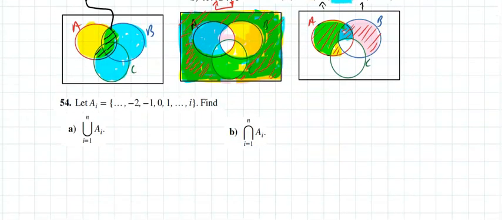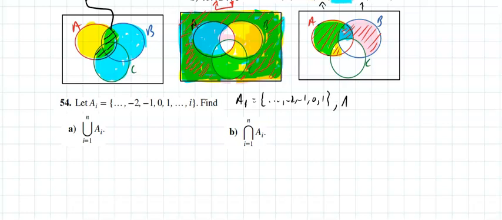And the last example I have, set A sub i. So A sub 1, for example, is all the way to i, is -2, -1, 0, and 1.